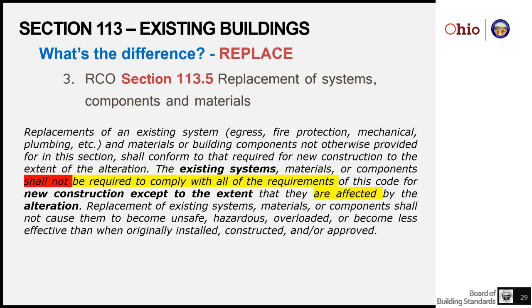So if you're replacing a furnace, the furnace has to comply with the requirements in its energy efficiency rating and things like that, but you don't have to necessarily replace all of the ductwork that's connected to it, even though it might not comply with current requirements, because you're replacing the furnace.